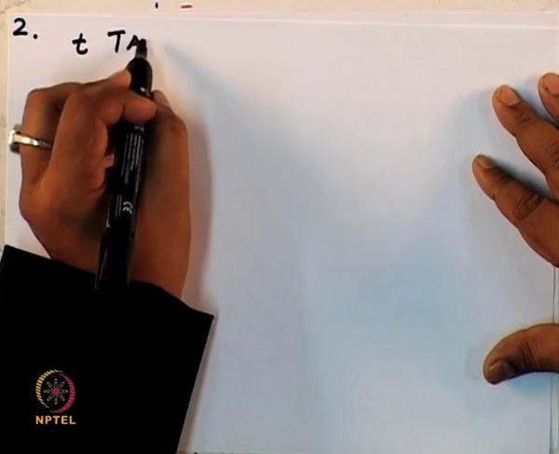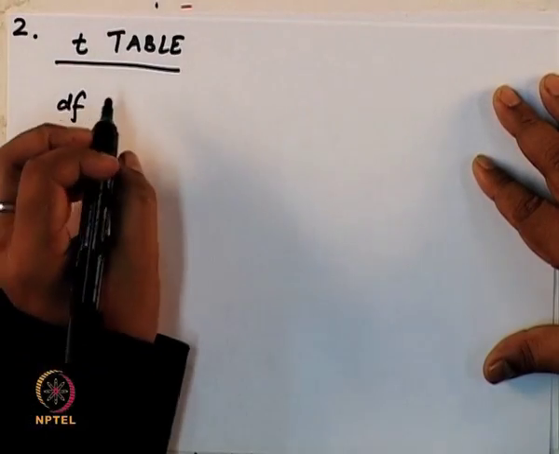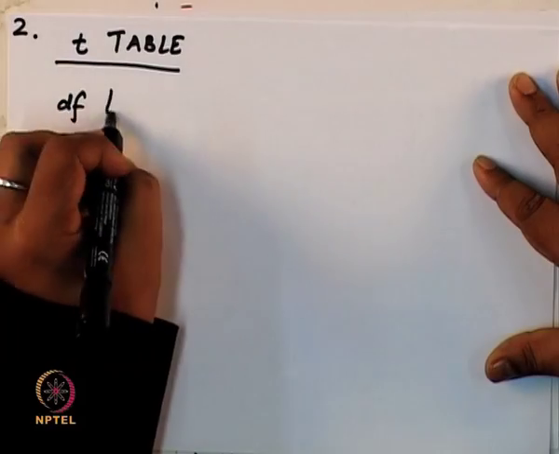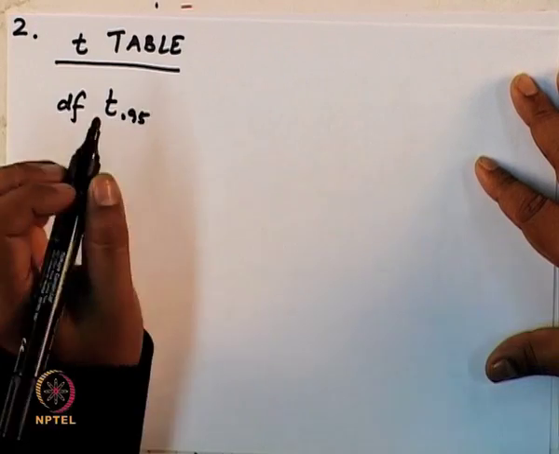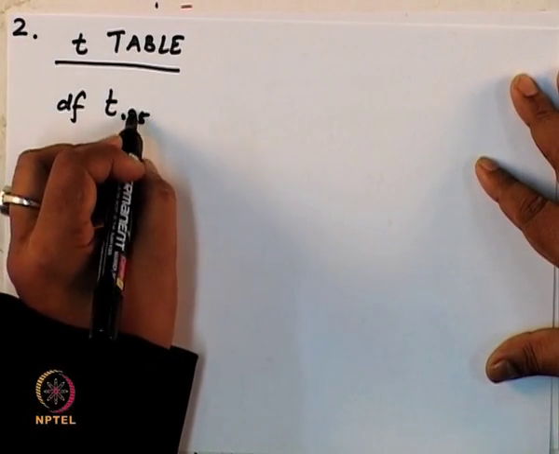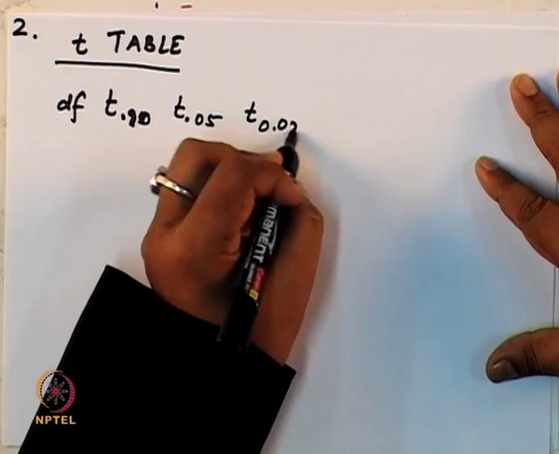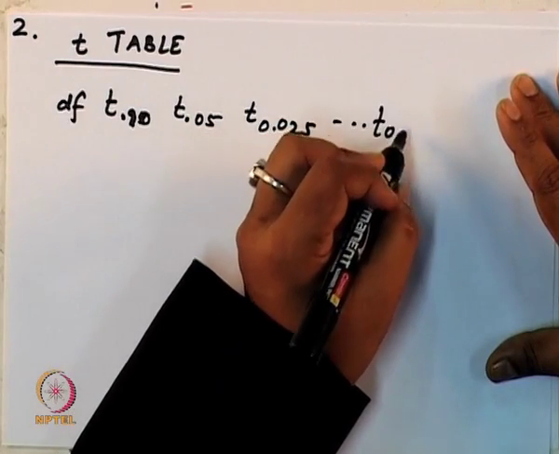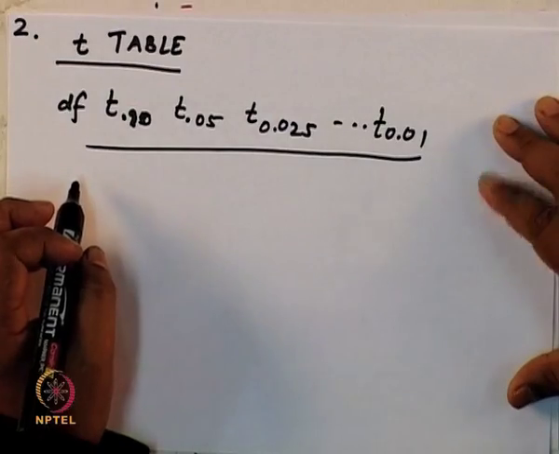The way to use a t-test is to look up the t table, where you have df and then various t values, t of 0.1, t of 0.05, t of 0.025, and so on. The t table actually gives you the area for the upper tail only.